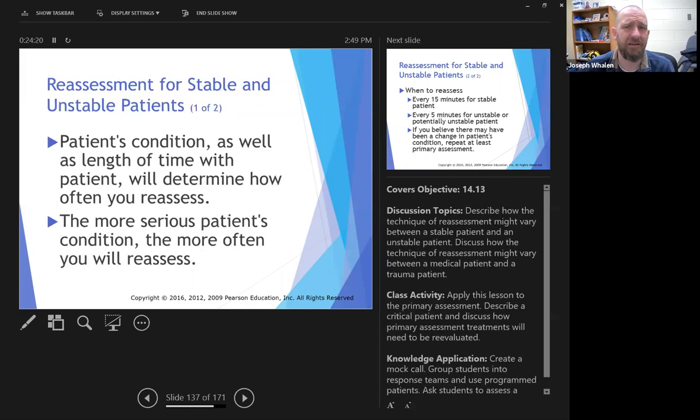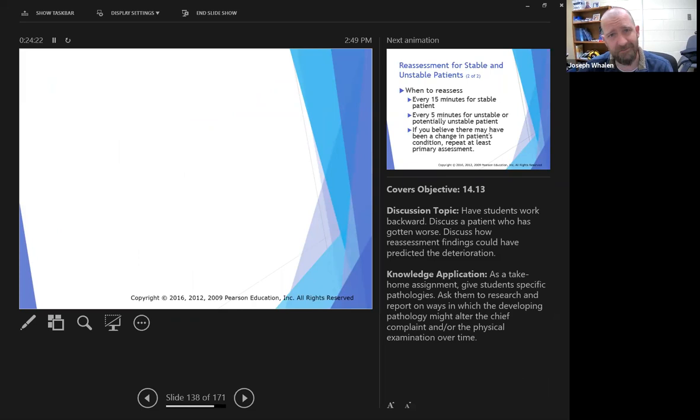All right, and those are just general guidelines, right? So if you have a stable patient and you've got a few minutes before you get to the hospital, but it's only been 10 minutes since you did it the initial time, you just go ahead and do it again. That's fine. You can squeeze it in there, right? Better to have more information than less.